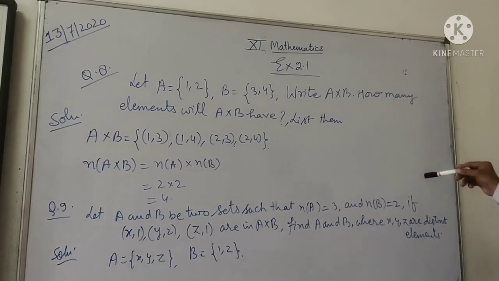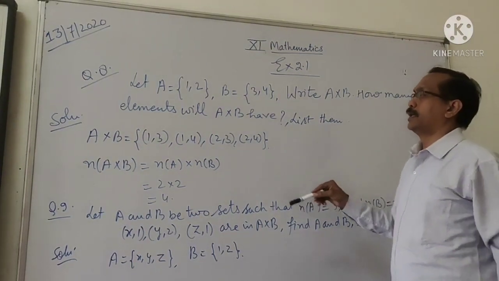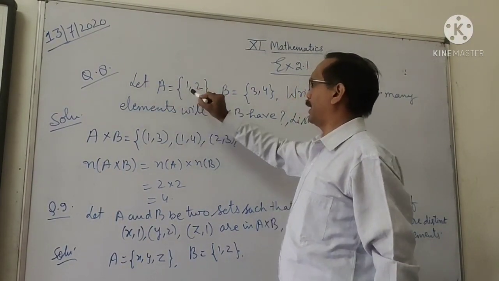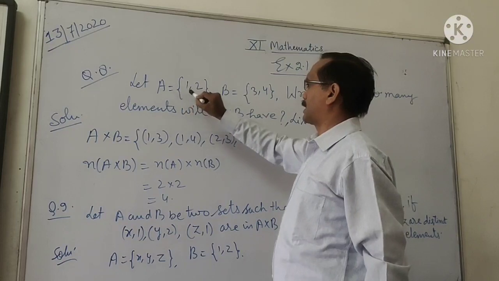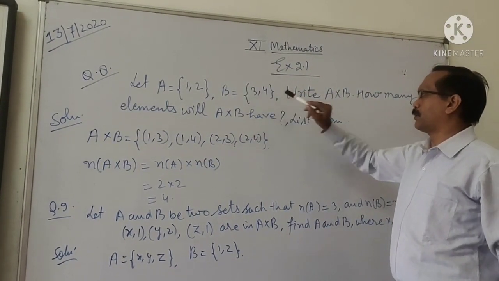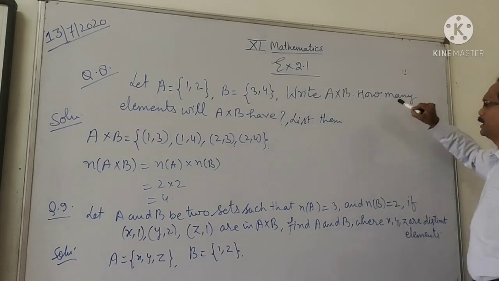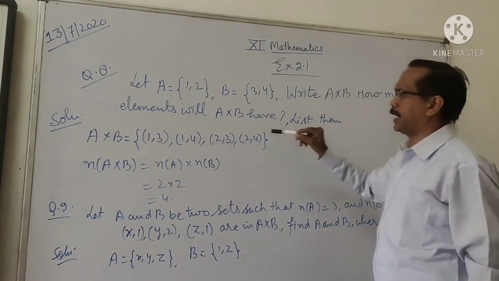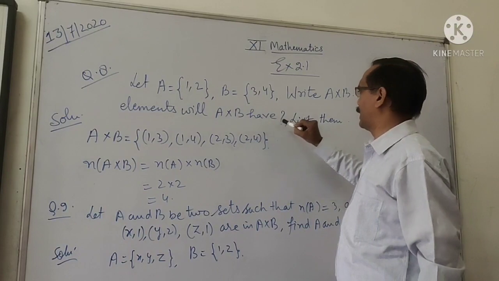Student, see question number 8. In this question, let A be the set {1, 2} and B the set {3, 4}. Write A cross B and how many elements will A cross B have? List them.